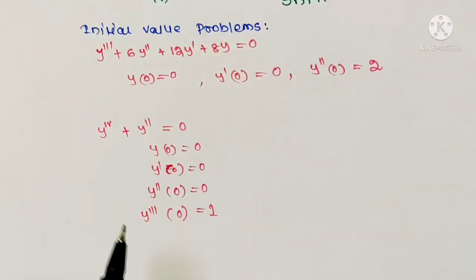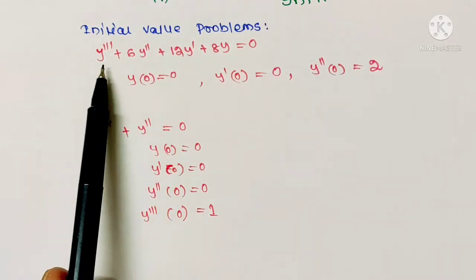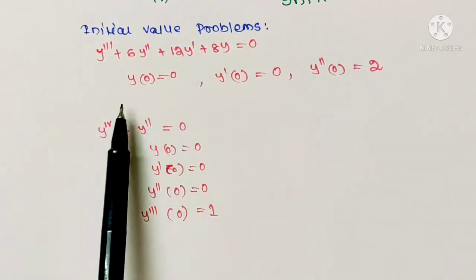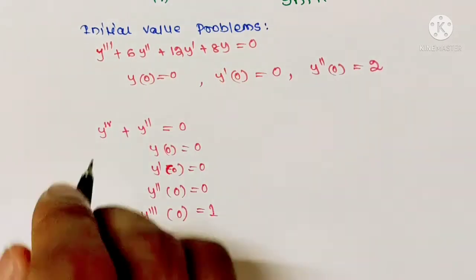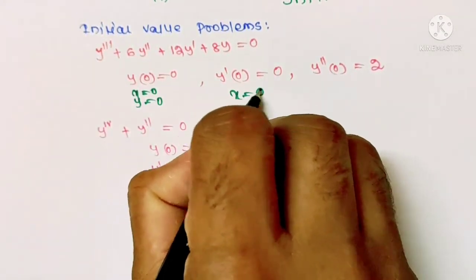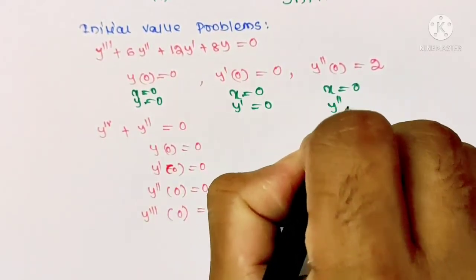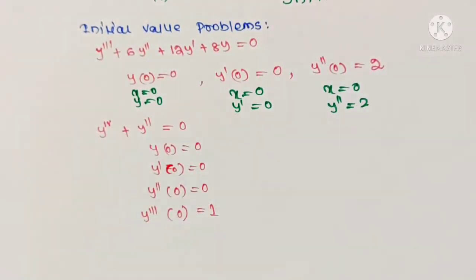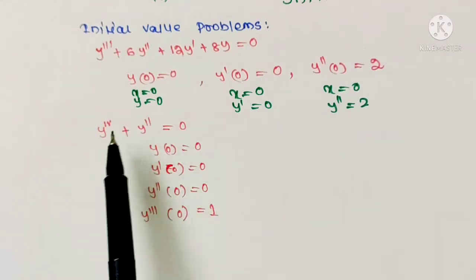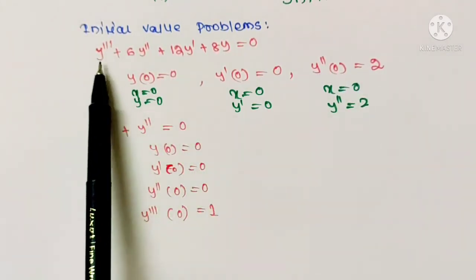For more examples of initial value problems, you can see here for this third order differential equation the side conditions are given: at x equals 0, y equals 0; at x equals 0, y dash equals 0; at x equals 0, y double dash equals 2. You should remember one thing: the number of conditions should be equal to the order of the differential equation.